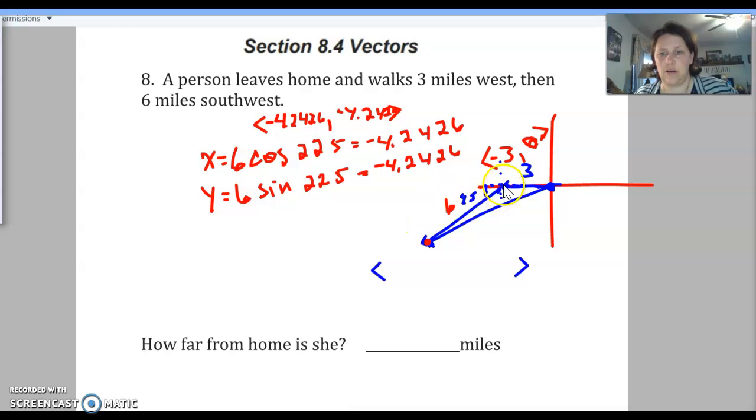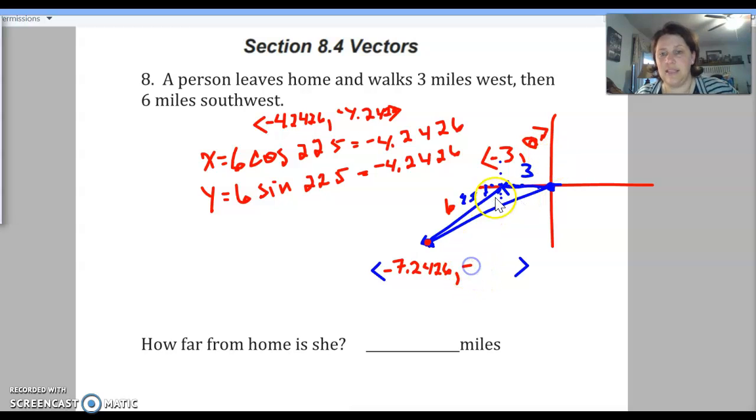If we add this one on to the end of the -3, 0 vector, then we will have this new vector. So I want to take -3, add it to my x value. So now I have -7.2426. And then nothing happens, so my y, I'm just going to add 0, so it does not change.